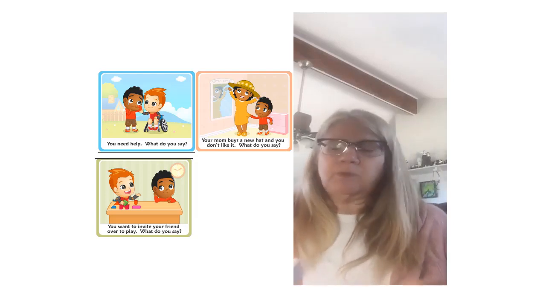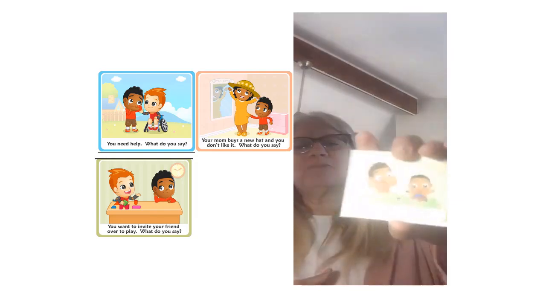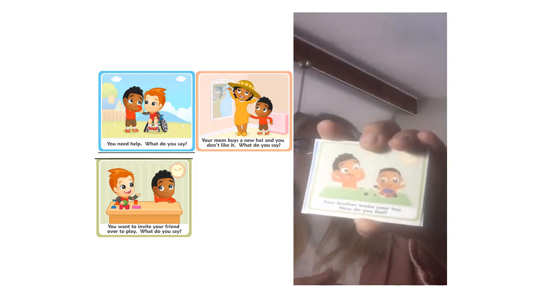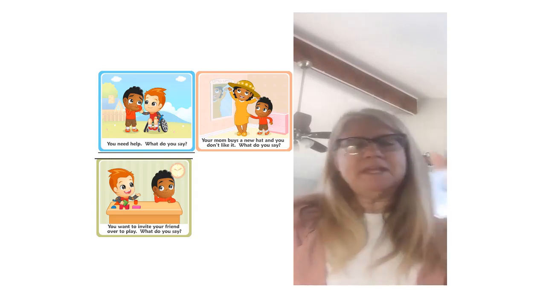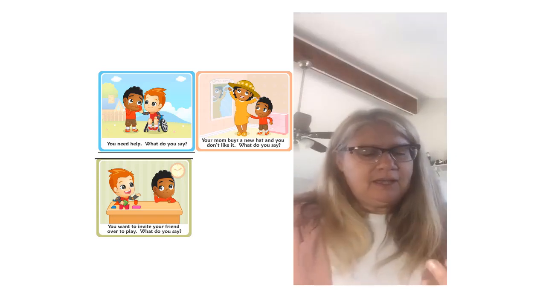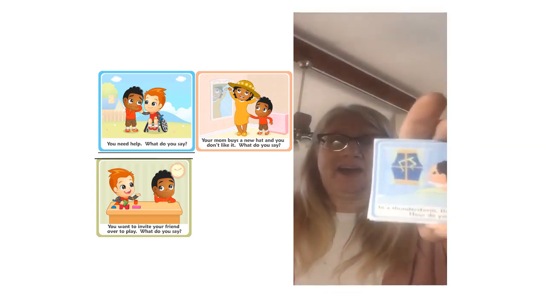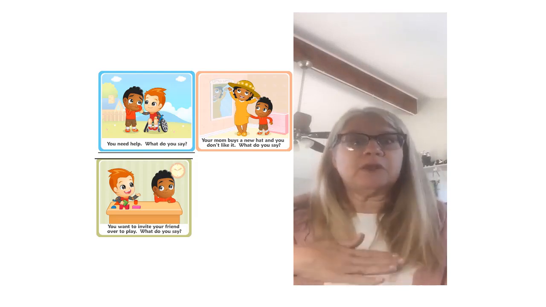This one is like, how are you feeling? Your brother broke your toy. How do you feel? What do you say? What makes you sad? Or, in a thunderstorm, the lights go out. How do you feel?